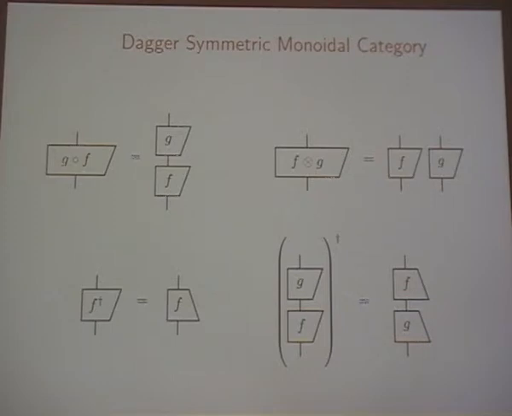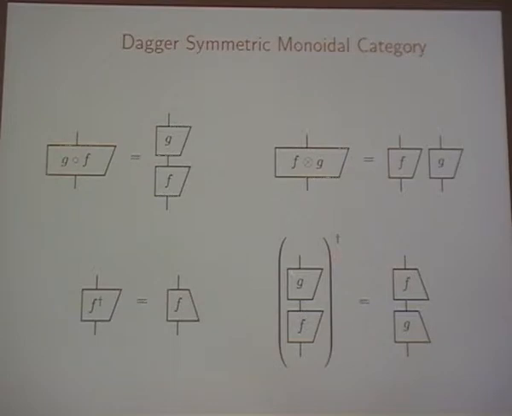So we have a composition, f followed by g, so it's like this. We have a tensor product, meaning that we have two systems, f on one system, g on the other one, which is just like this. We have the dagger, which consists in representing the box upside down. And I'm not going to describe all the rules, because you have heard about this this morning, and I have no nice animations, so I just give this one as an example.